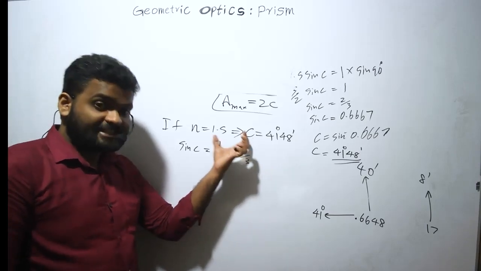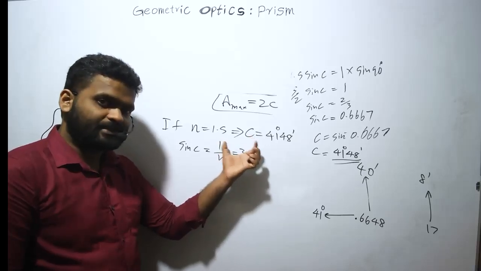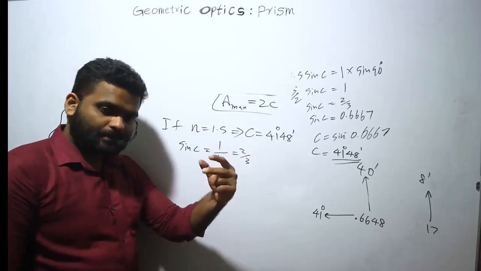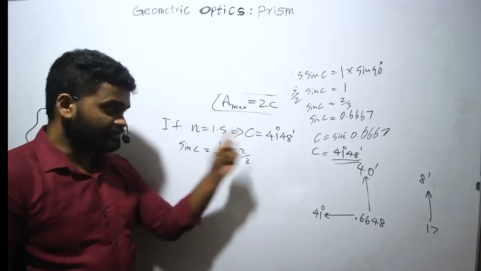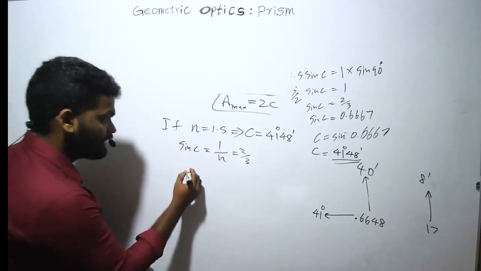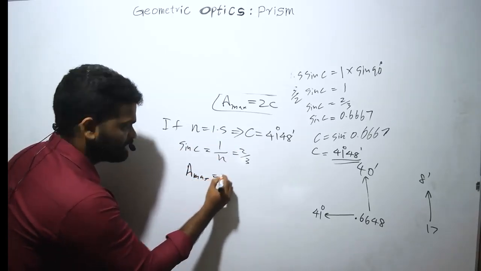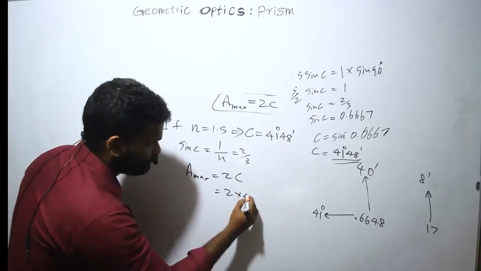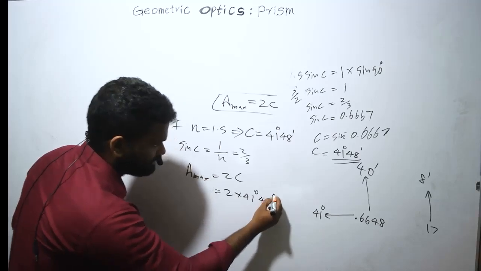So if you think about this prism, what should be the maximum prism angle for this one? That is, let's say A max. It should be 2C, right? 2 times this angle, 41 degrees 48 minutes.